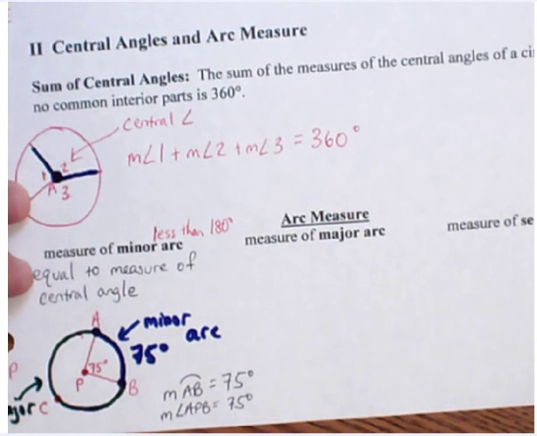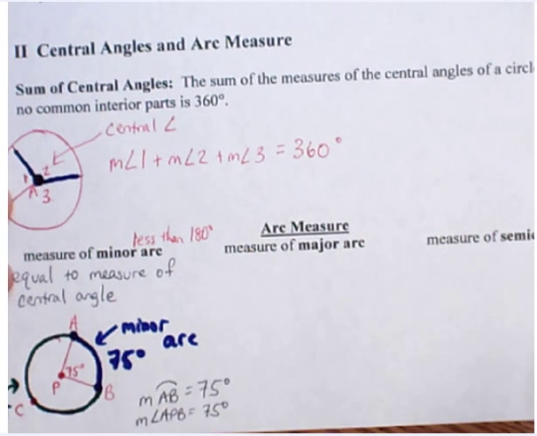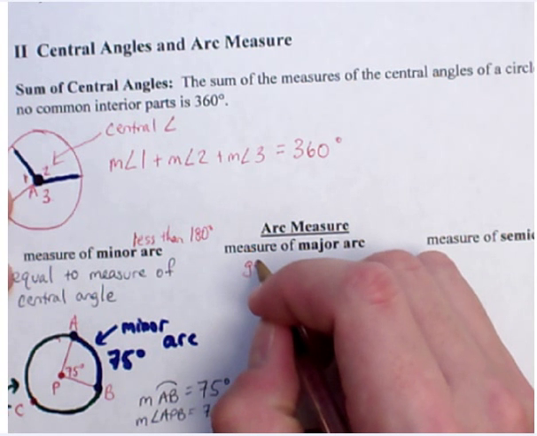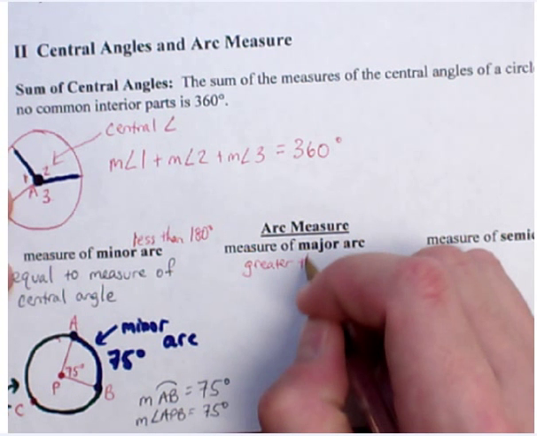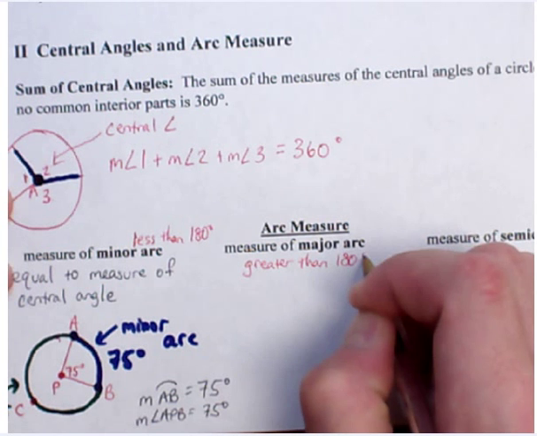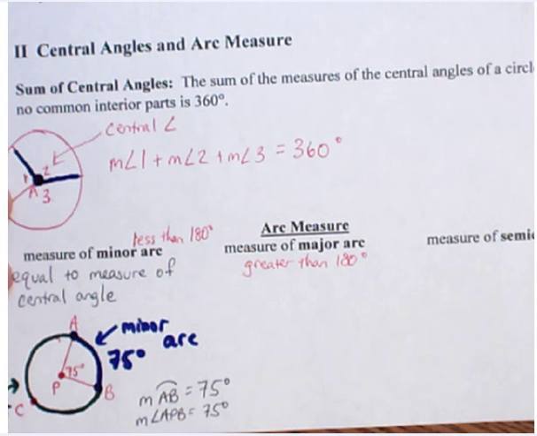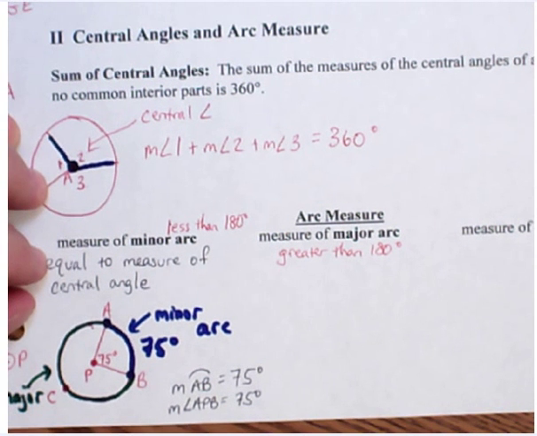For a major arc, we're going to say it is greater than 180 degrees. And the way that you can calculate this: you know that the arc measure all the way around is always 360 degrees.